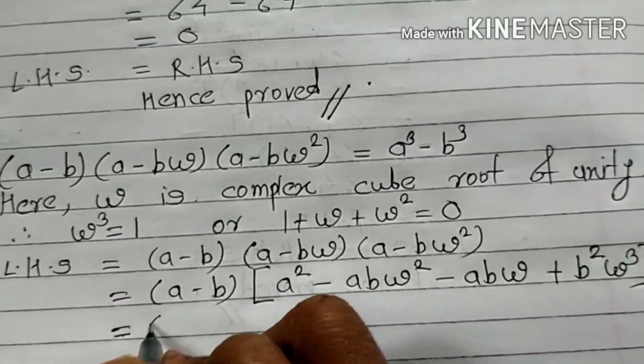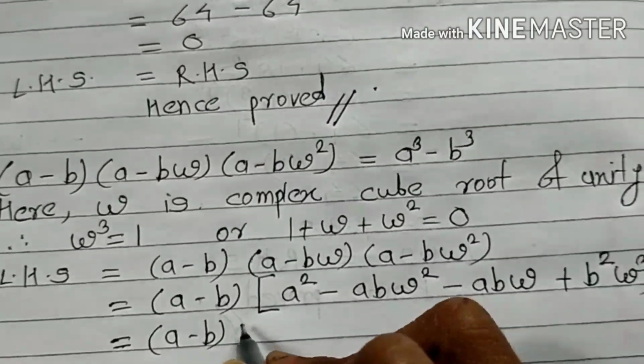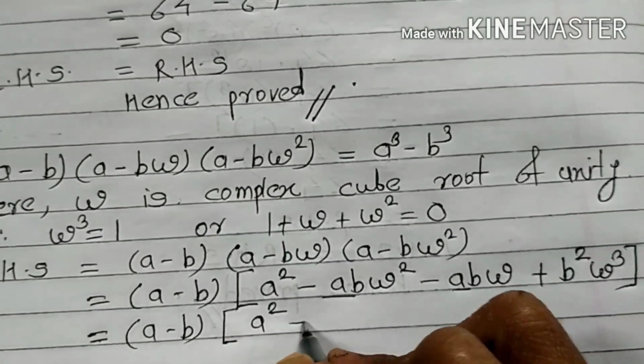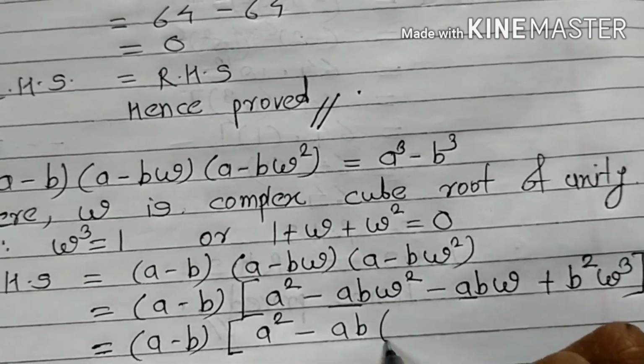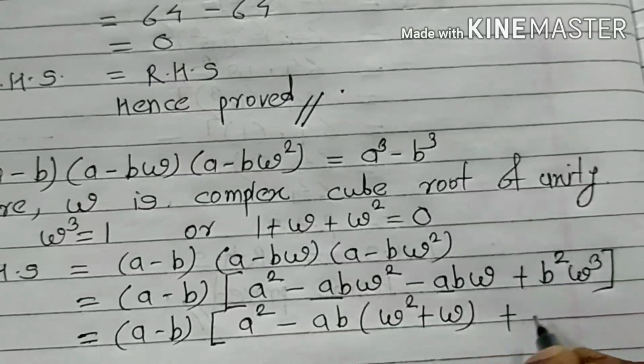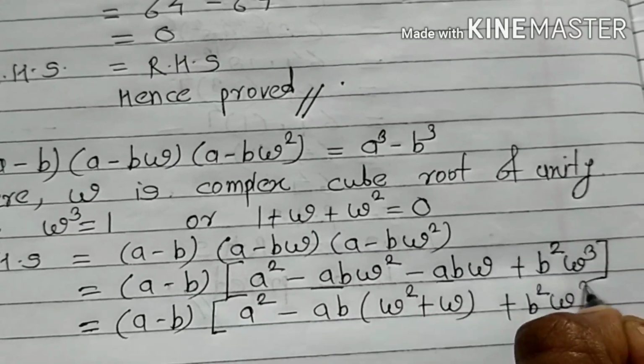Now next, which is equal to a square, take minus ab common, so minus ab (omega square plus omega) plus b square omega cube.